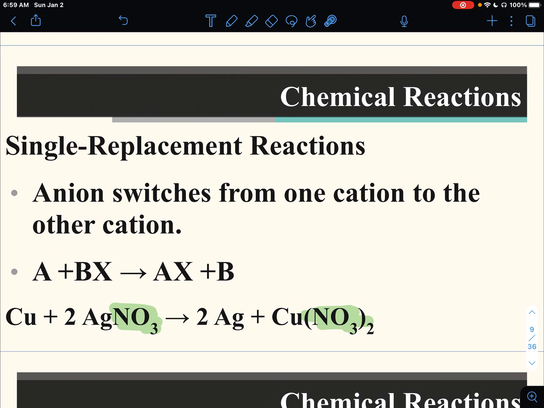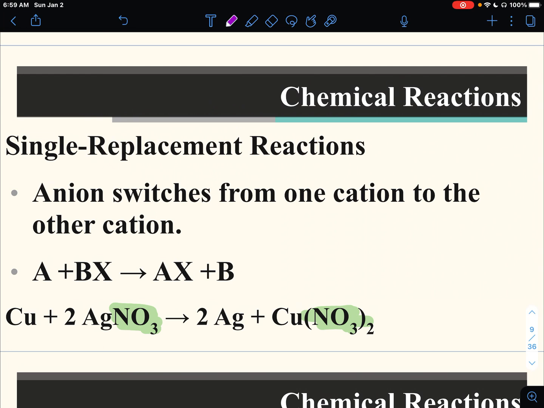The way I'm going to have you tell the difference between single and double replacement is you can definitely look at this and see what's going on. An easier way is to label them, and by them I mean the reactants, as either elements or compounds.